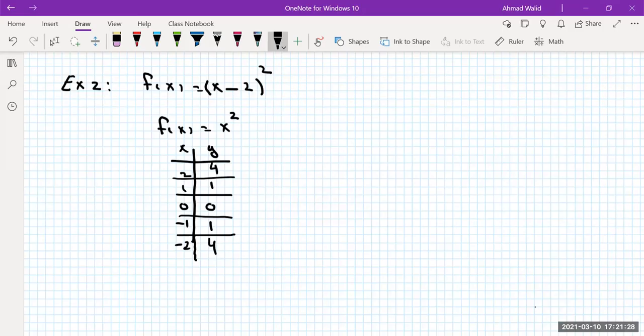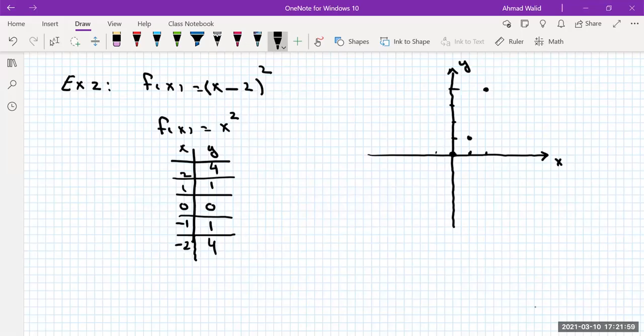And if you graph, x, y, the points are 0, 0, then 1 and 1, 2 and 4, -1 and 1, and -2 and 4.